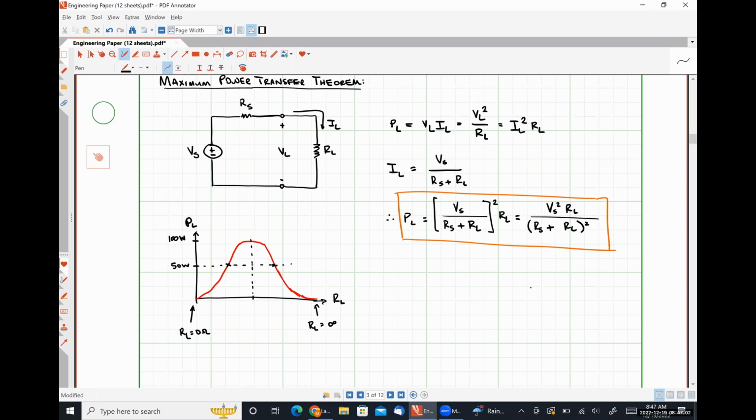We have effectively here PL as a function of RL, excuse me, is equal to VS squared times RL over RS plus RL squared. I want the peak value of the power. So how do I find the peak value of a function? Take the derivative and set it equal to 0.